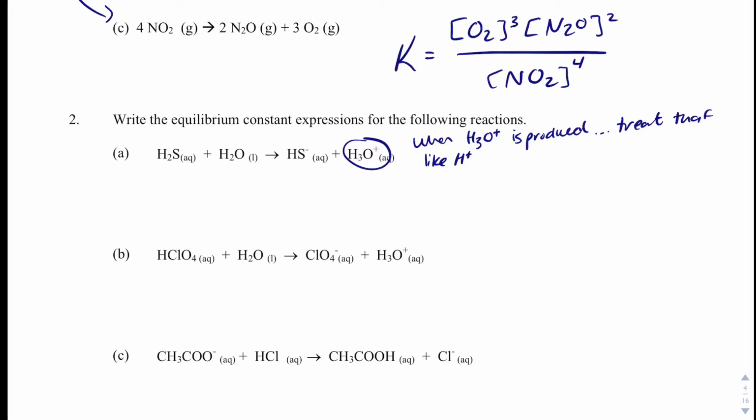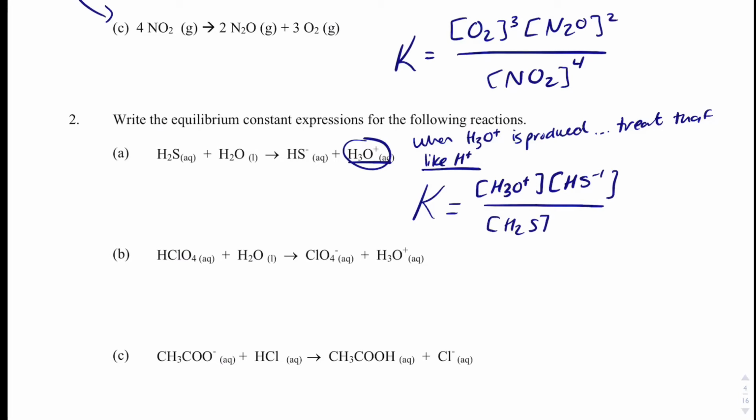And so what that means is if we produce H3O plus or H plus, we'll have a K value, and this K will be H3O plus times HS minus divided by H2S. Water is a liquid, so we won't include it. But if you produce H3O plus, we're going to learn later in the unit that this would technically be called a Ka expression, an equilibrium constant expression for an acid.